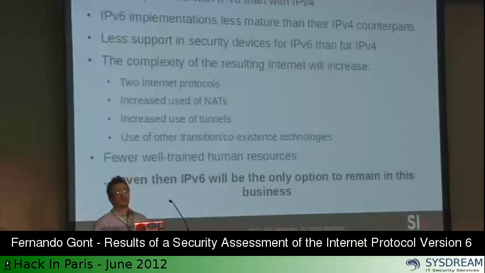In other cases, you will find that there is support for some features, but there's no parity of features between V4 and V6, so that you have much more functionality in V4 than in V6. And in some other cases, even when the features for both protocols may be similar, the IPv4 functionality is sometimes implemented in hardware, whereas the V6 functionality is implemented in software. So in terms of features, the functionality is essentially the same, but when it comes to performance, it's completely different. So that's another aspect to consider.